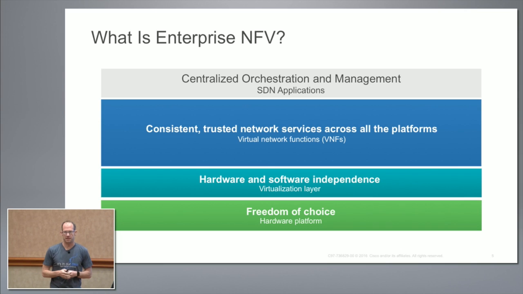The next requirement is that in order to have that flexibility, you need an abstraction layer, a software that can be installed on each one of these hardware platforms and abstract the underlying hardware and provide a virtualization or hosting platform for the network services that will be installed on top.